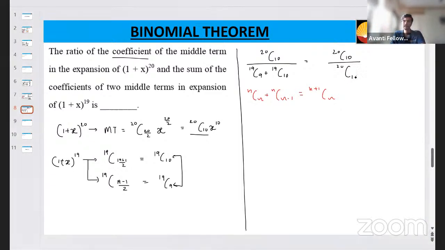Correct? So 20C10 upon 20C10. I think this is our answer. No such calculation required. स्टार्टिंग में तो बहुत कैलकुलेशन करना पड़ेगा. So 20C10 upon 20C10, that is equals to 1. That is my answer.